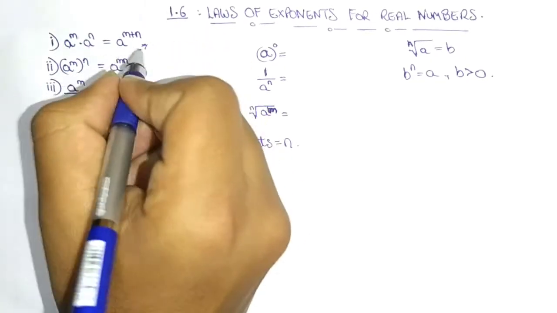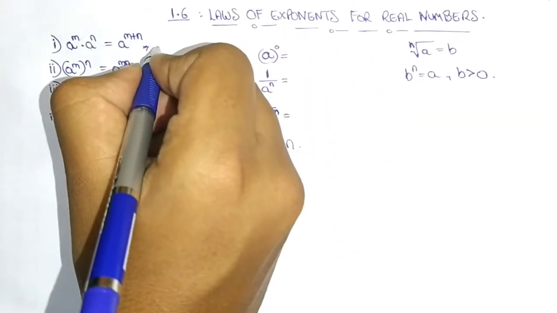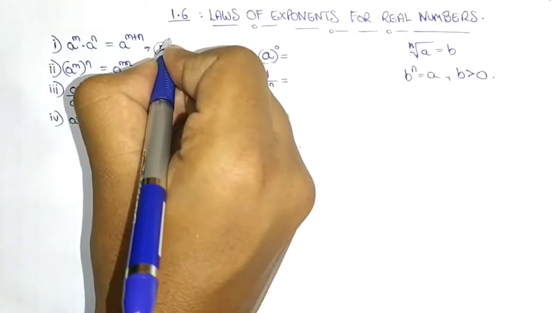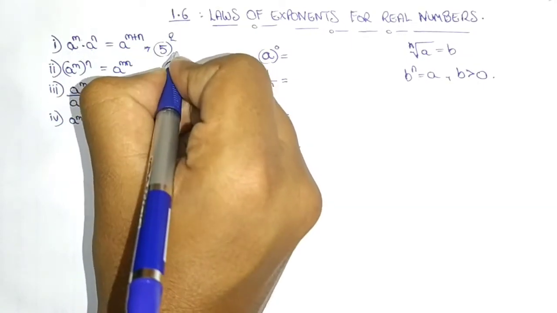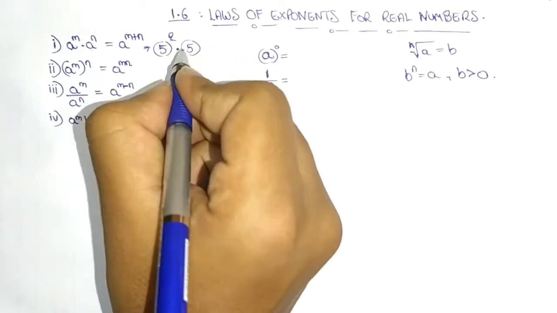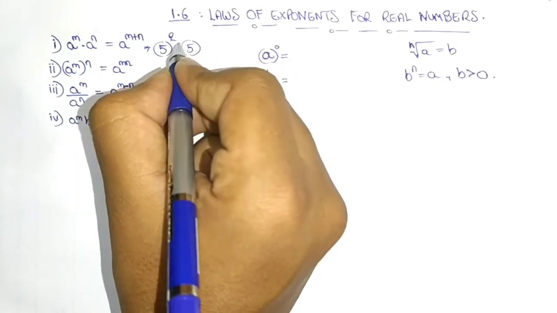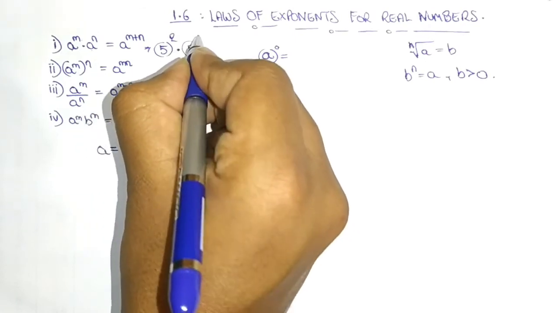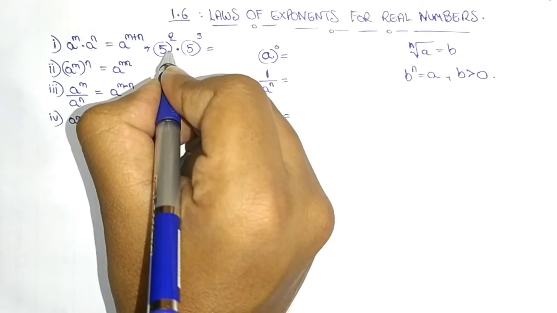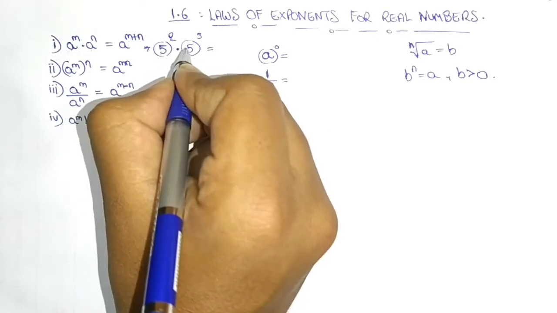Let me show you. Let us think A is 7, or else you think of any number. Let us take 5, and we have different exponents here. 5 power 2 multiplied by 5 power 3. This symbol is for multiplication; I am writing this dot for multiplying. What you should notice here is that the 5 and the 5 are both the same number.